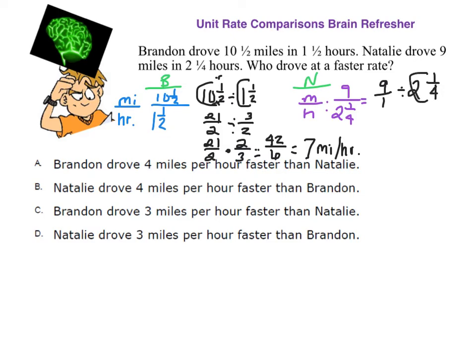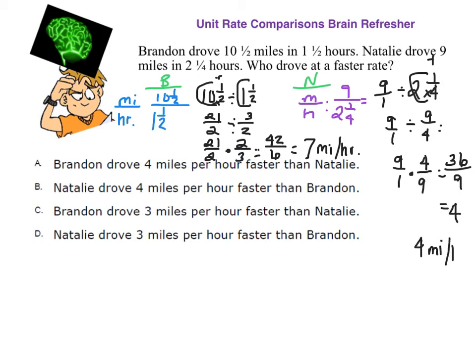Just like before, convert this mixed number to an improper fraction. 9/1 divided by 4 times 2 is 8, plus 1 is 9, over 4. Keep, change, flip. 9 times 4 is 36, divided by 9, and I get 4. So that means she was only going 4 miles per hour.